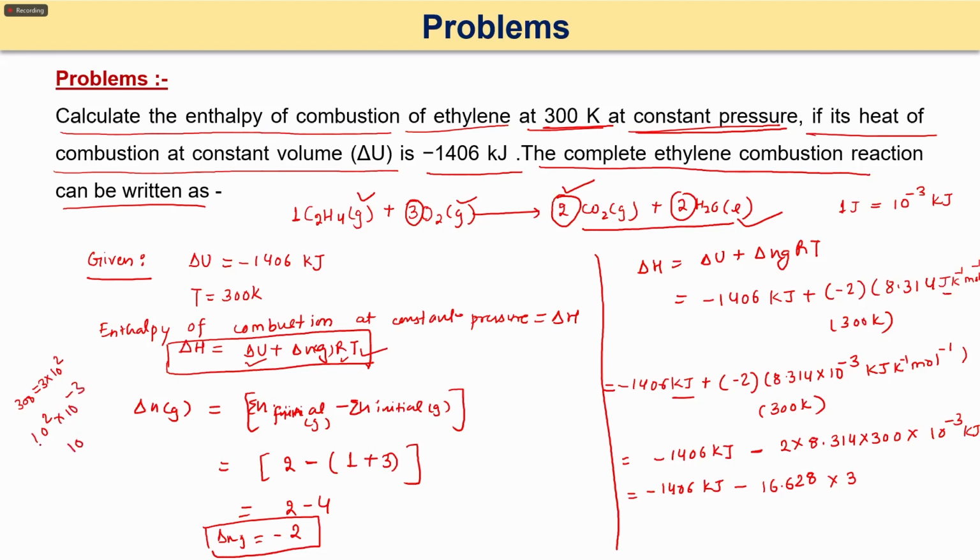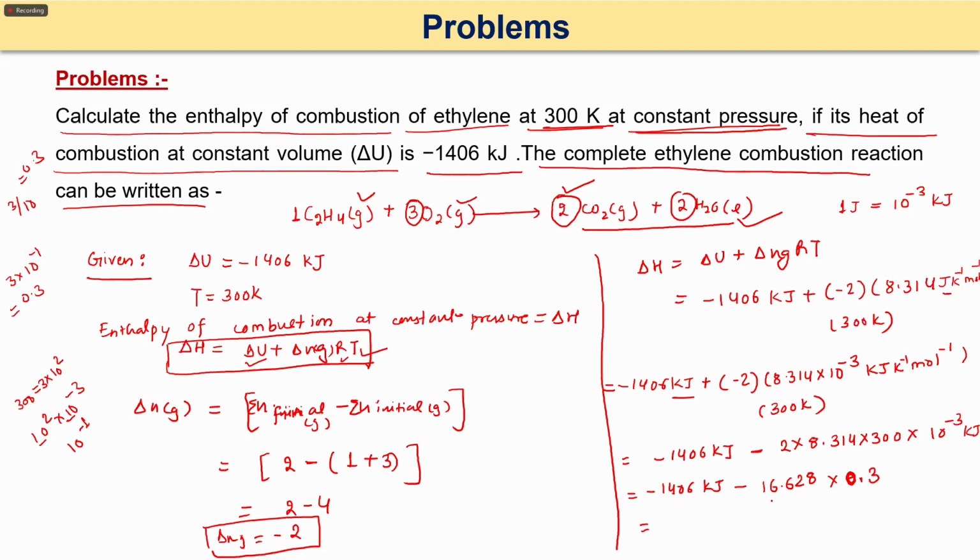If the base is the same, then we can add the powers. If you add 2 and minus 3, it will become 10 to the power minus 1. So 3 into 10 to the power minus 1 will be nothing but equal to 0.3, like dividing 3 by 10 is nothing but 0.3. So we will write this whole term 300 into 10 to the power minus 3 as 0.3. Okay.